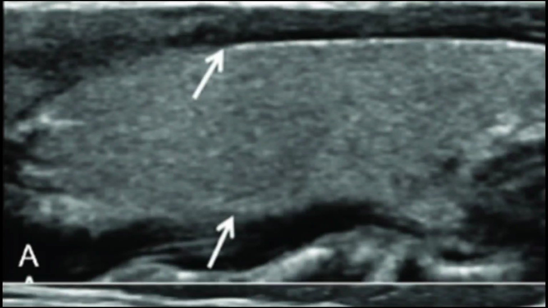This is another example of the U4 suspicious nodule. Here you can appreciate a very hypoechoic nodule as compared to the thyroid lobe and as compared to the thyroid strap muscles. Sometimes if you do not pay attention you might miss that, and it would be a great mistake, I would say a blunder, because U4 nodules happen to be suspicious, and many a time after FNAC they turn out to be malignant.